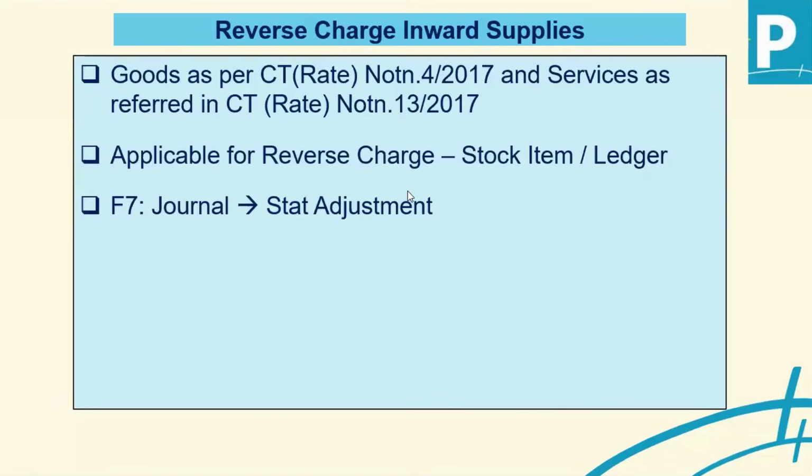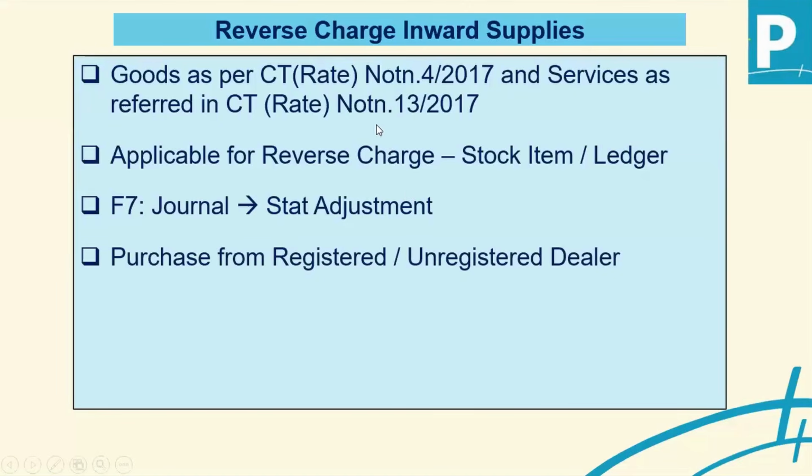Yes. Okay, so this is how I have shown you. The RCM applicability can be marked in the stock item as well as the ledger. Sorry, here we are talking about inward supply, right? So in the purchases ledger or in the expenses ledger, we can mark the RCM applicability.